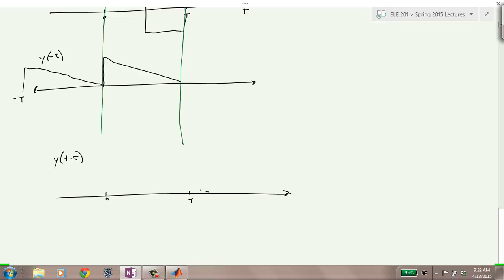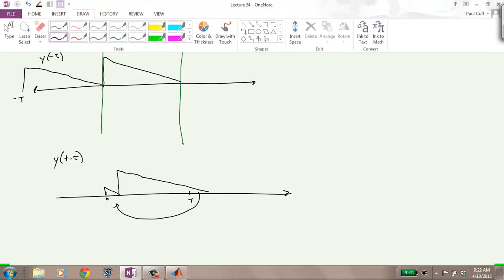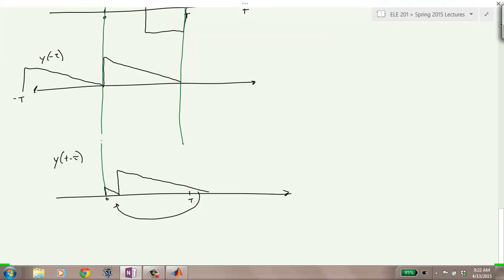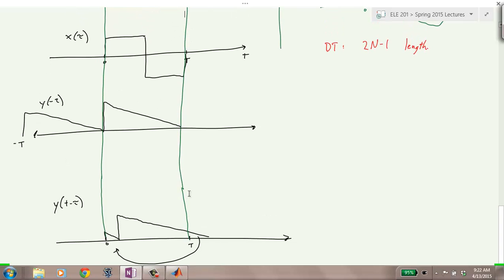Then it would be like this when you shift it, t minus tau. But all of this stuff that came off the edge, just wrap it around. So we're always doing our multiply and integration between 0 and capital T. We're taking our x of tau and multiplying it by this flip and shifted signal. But the shifting just wraps around.